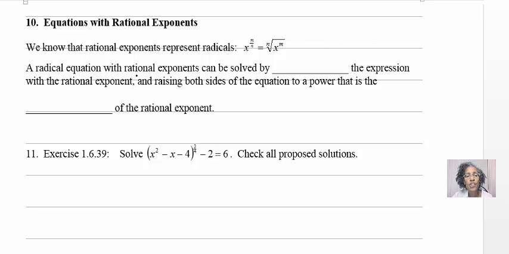So a radical equation with rational exponents can be solved by isolating the expression with the rational exponent and raising both sides of the equation to a power that is the reciprocal of the rational exponent.